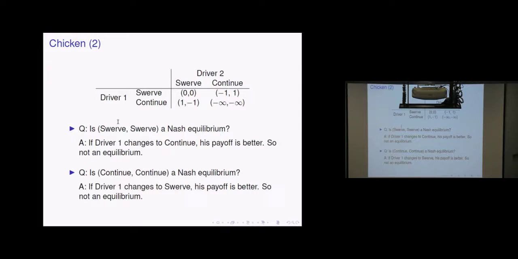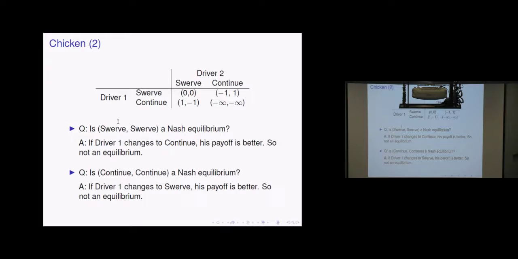Well, again, let's look at driver 1. Suppose driver 1 changed his strategy, so he changed from continue to swerve, right? Suppose originally they are here, but driver 1 decided to change to swerve.